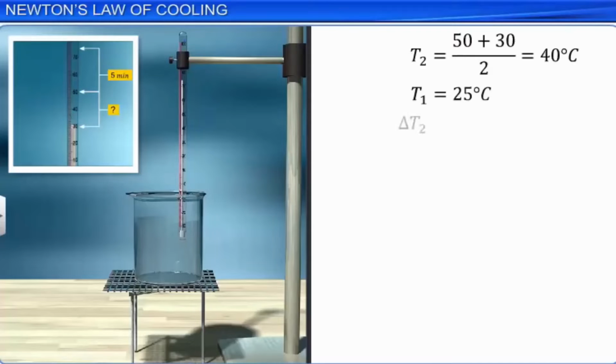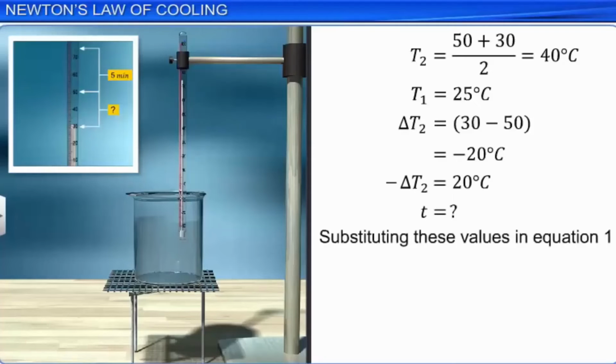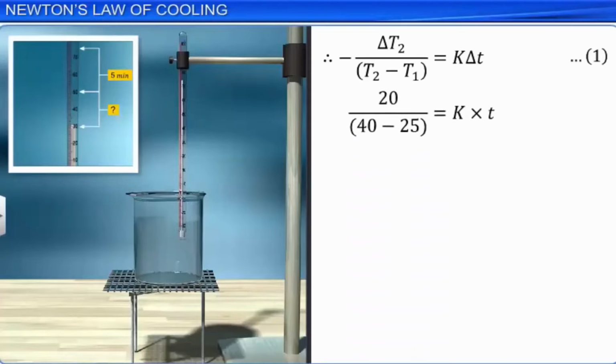Minus delta T2 is equal to 20 degrees Celsius. We need to find the value of t. 20 by 40 minus 25 is equal to K into t. On further simplifying, we get t is equal to 4 by 3K.